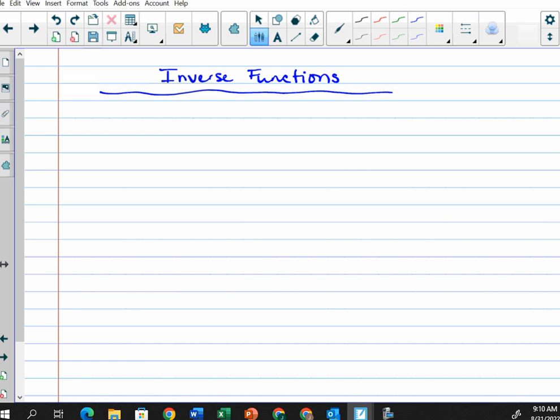All right, some key aspects of inverse functions. The x and y are switched. You guys remember that? Anybody remember what line we reflect across graphically for inverses? Yes, exactly. Reflect across y equals x.